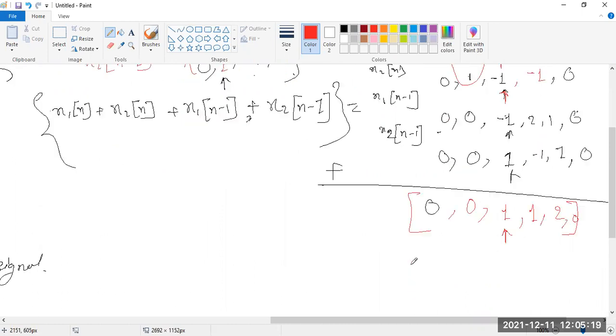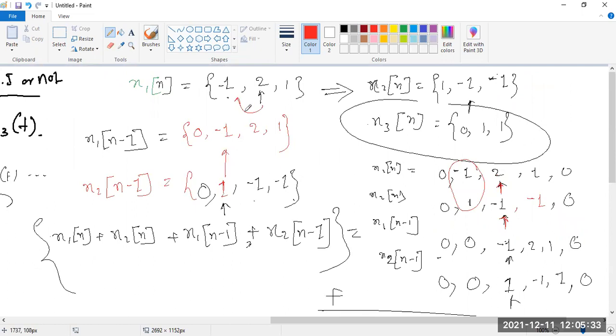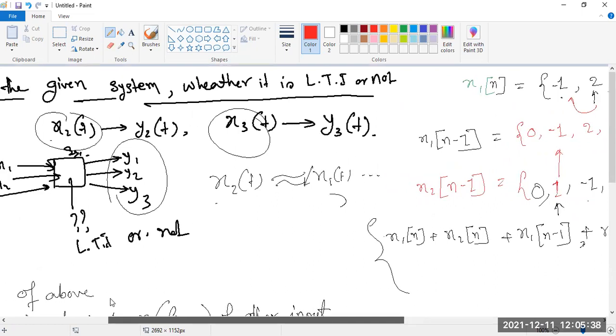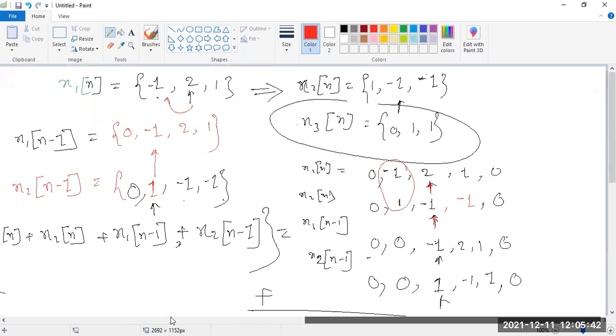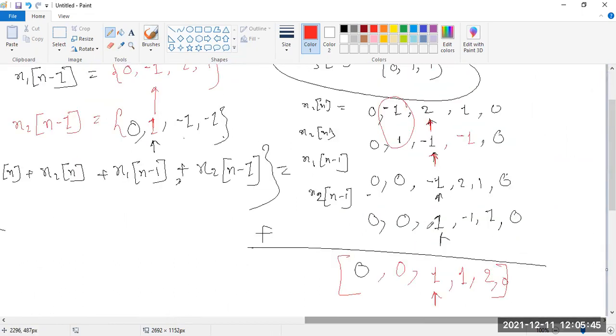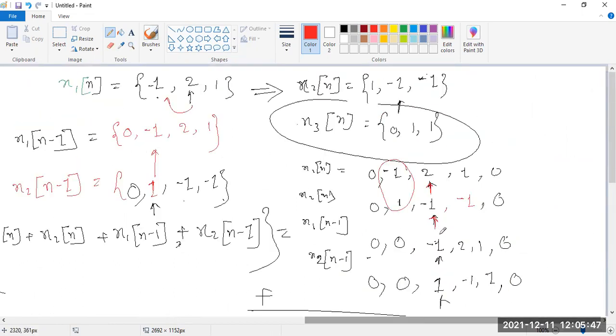So this means that another one should be x[-n]. Sorry, this is the minus n.